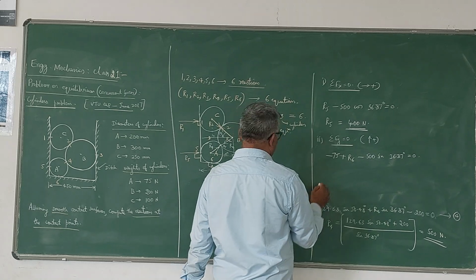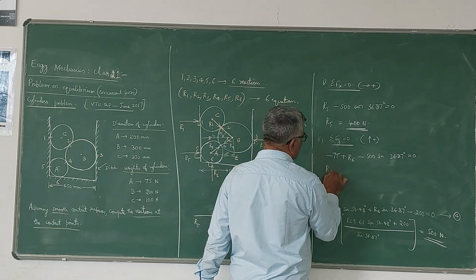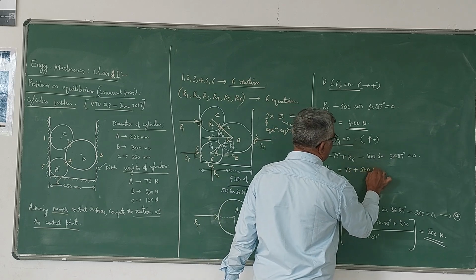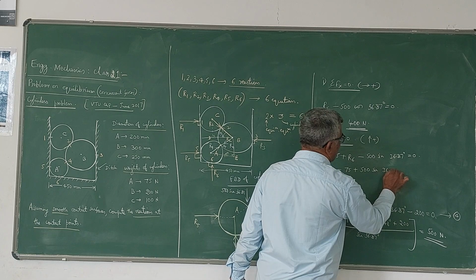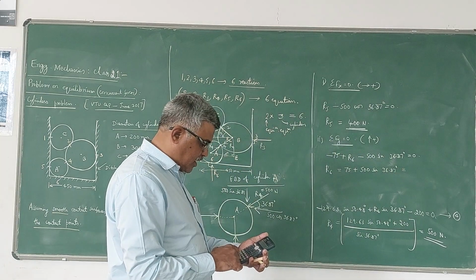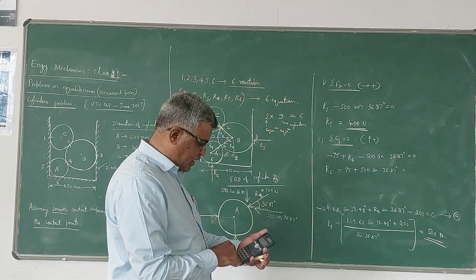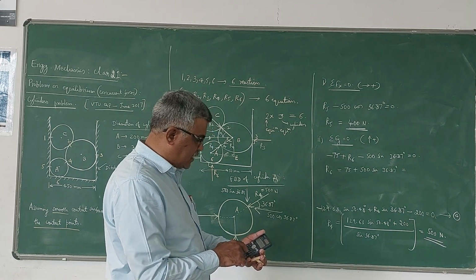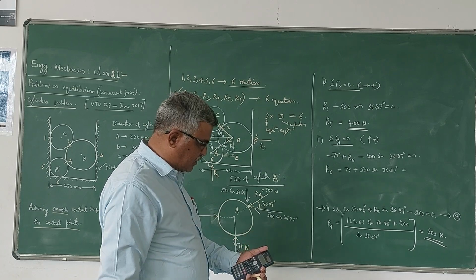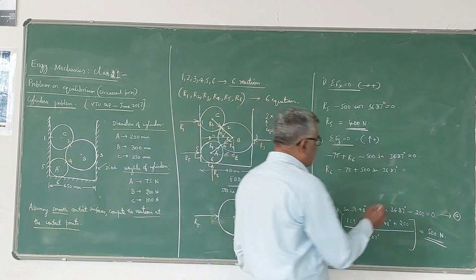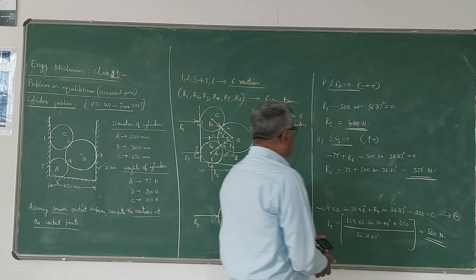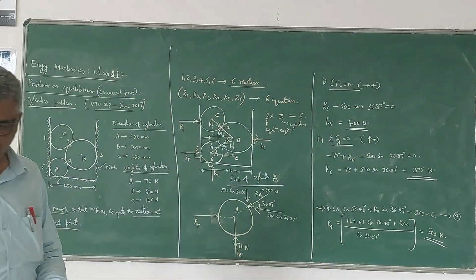So R6 is equal to 75 plus 500 into sin 36.87, which comes out to be 375.00. So 375 Newton. That is the reaction at contact point 6.